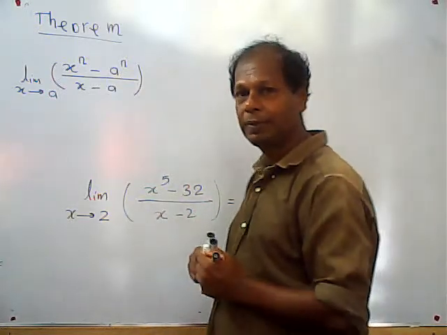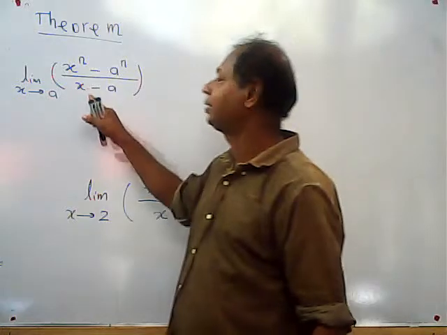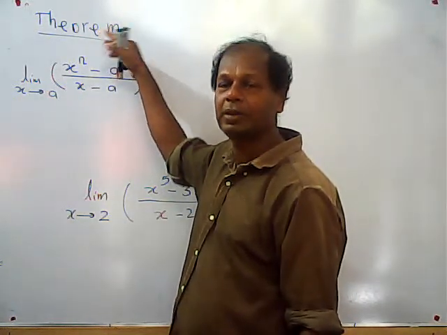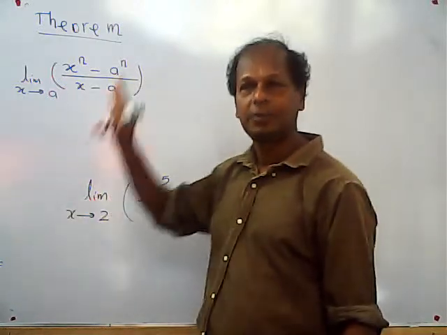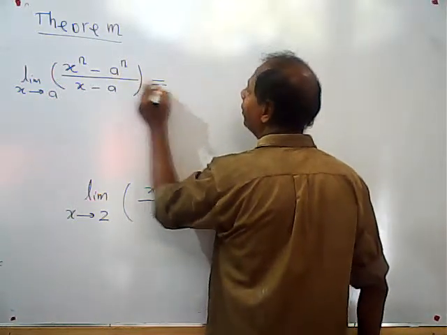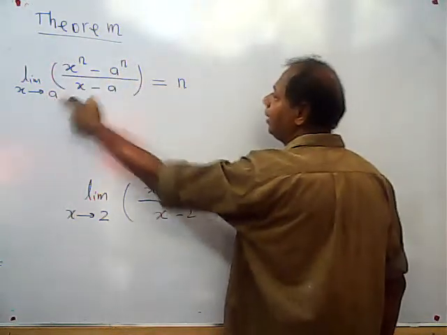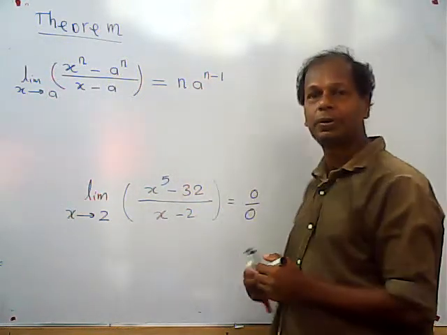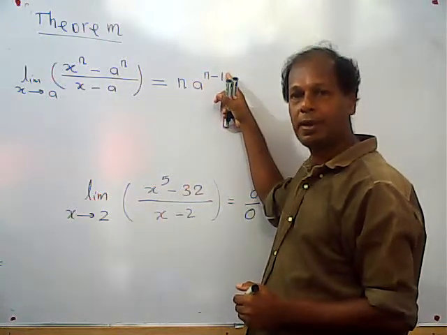As x goes to a, the numerator is 0 and the denominator will also be 0. It looks like 0 over 0. But we can prove that this gives a nice answer. This n comes forward: n into a to the power n minus 1. So it's equal to n a to the power n minus 1, right?